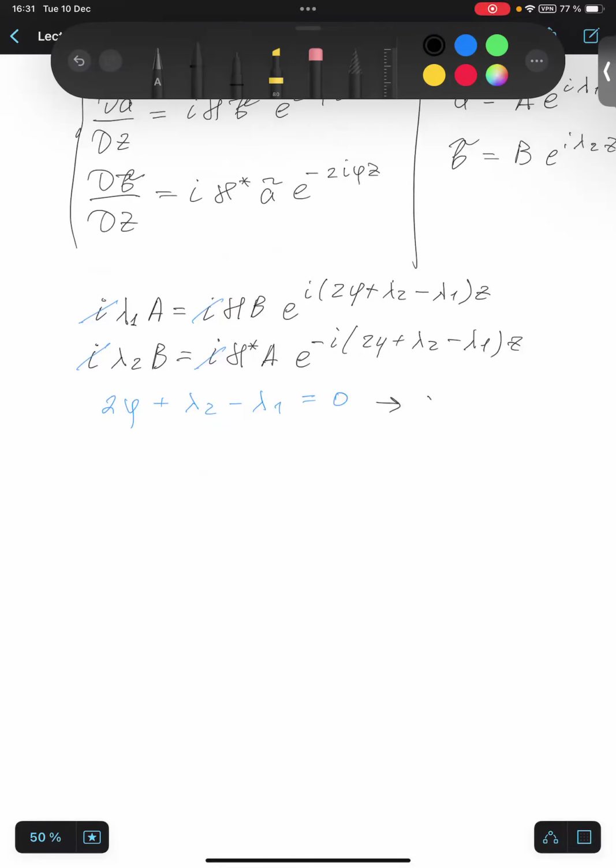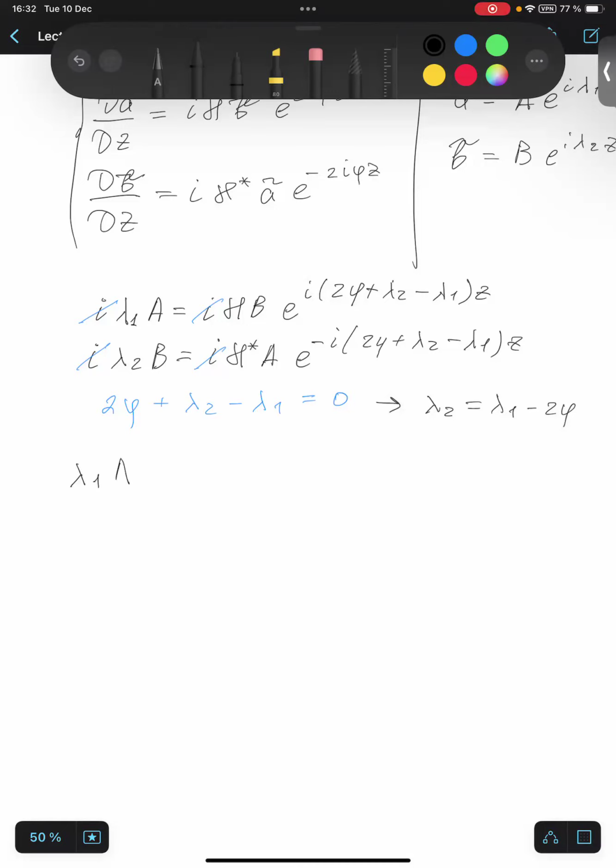From this equation we want to find lambda 2. And let's substitute it all.